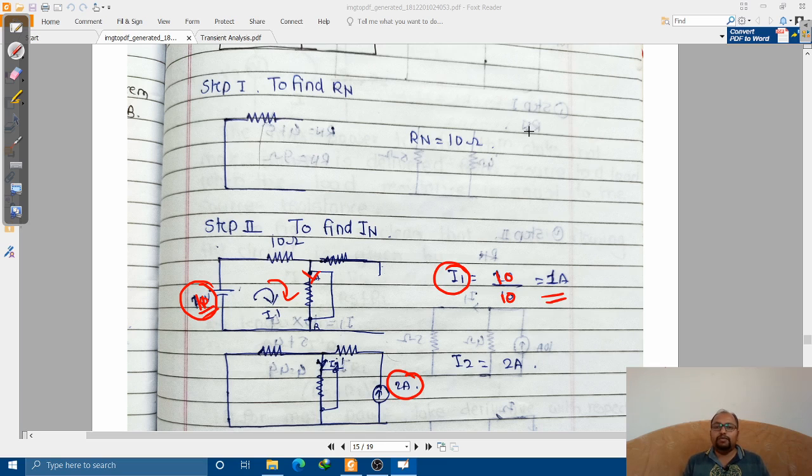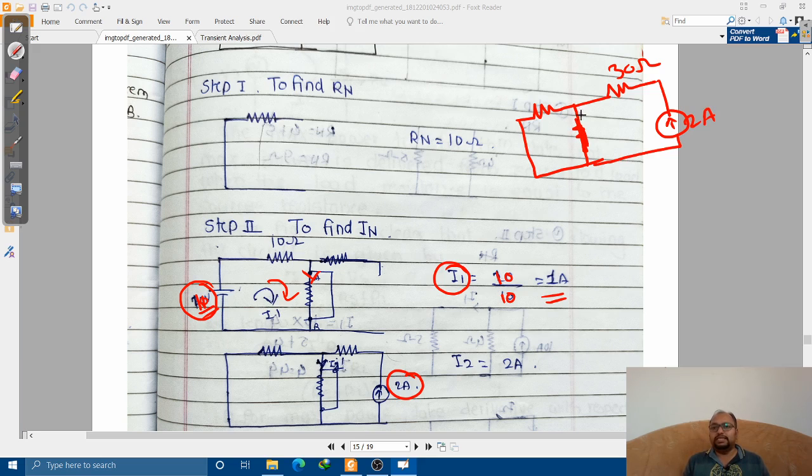Now let us consider the 2 ampere source. Over here we need to make a short, right? This voltage source has been shorted. This is the 30 ohm resistor. This is the current source, that is nothing but 2 ampere. What do you think, is there a current division rule?